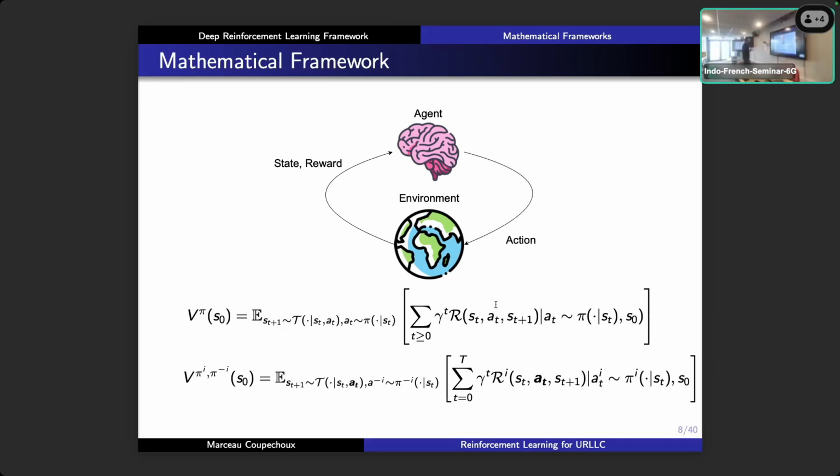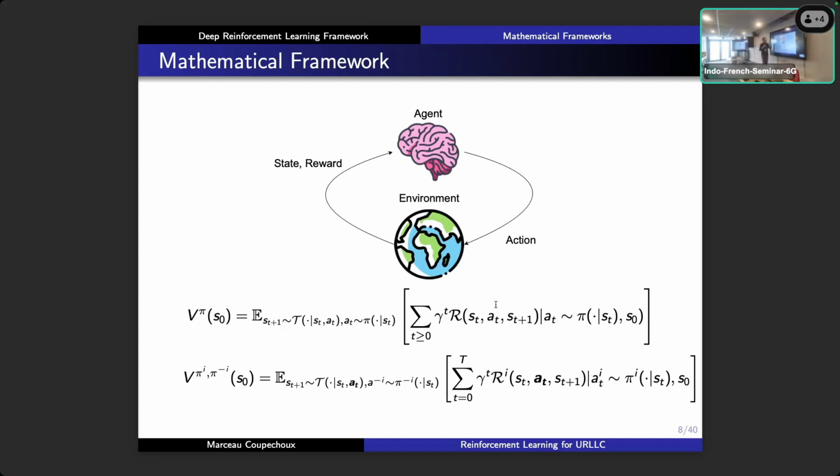The classical function is the value function. This value function starts in a state S0, and then you apply some policy, noted by pi here. The policy is just taking an action when you are in a certain state, and then the system evolves according to a transition function called T here that depends on the state and the action.